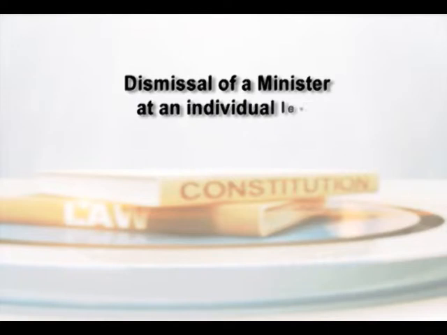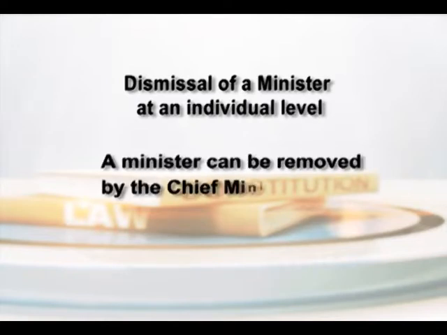So far as the first instance is concerned, that is, at an individual level, a minister can be removed by the chief minister. As being already said, in this respect, the power of the chief minister seems to be more crucial. The chief minister can ask for his resignation.